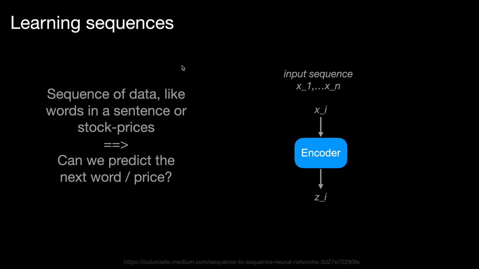I will start by introducing what it means to learn a sequence. Imagine you have a sequence of data, like words in a sentence or stock prices. Predicting a sequence would mean, can we predict the next word in a sentence?